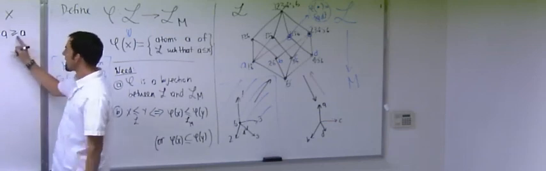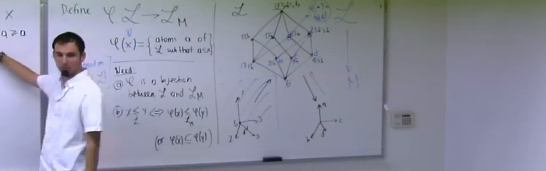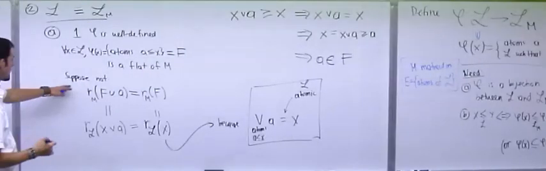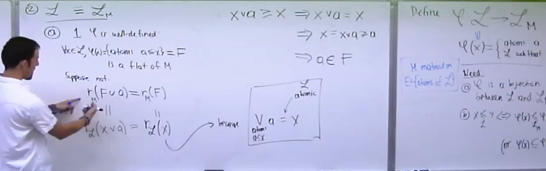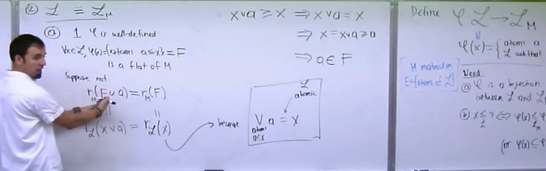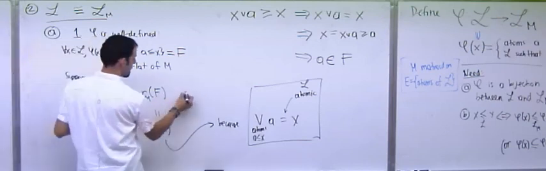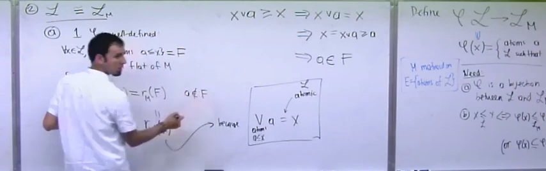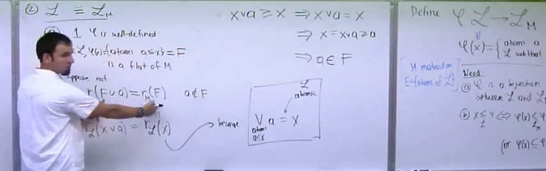But if A is smaller than or equal to x, then it's in this list, because this is the list of things that are smaller than x. So if A is smaller than x, that means that A is in F. But this is a contradiction because I should have said, if my set F was not a flat, then I could have found an element which is not in F, which doesn't increase the rank.